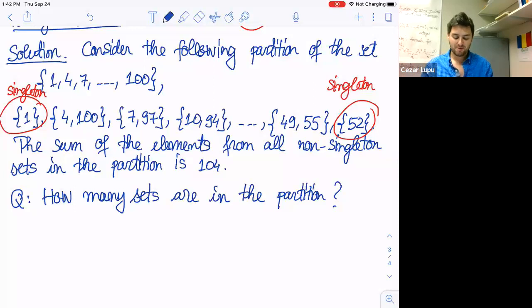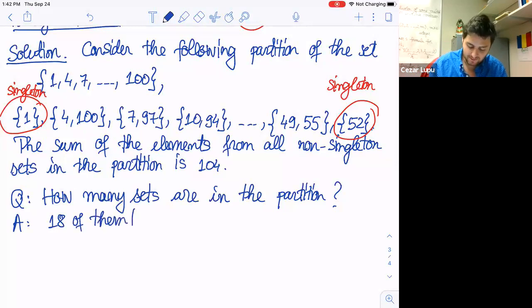A little bit more than 15, there are 18. So these 18 sets, there are 18 sets in the partition.